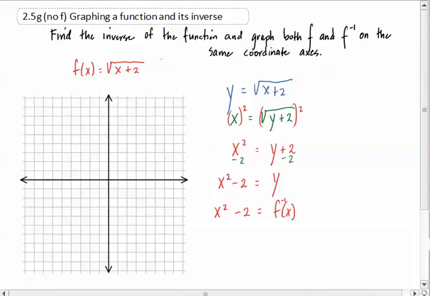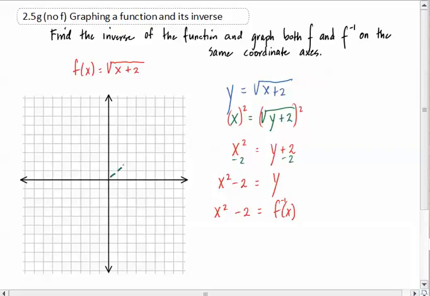So now we want to graph both of these on the coordinate plane. What is going to happen when we get these two on the coordinate plane is that these two pictures are going to be a reflection in the line y equals x.